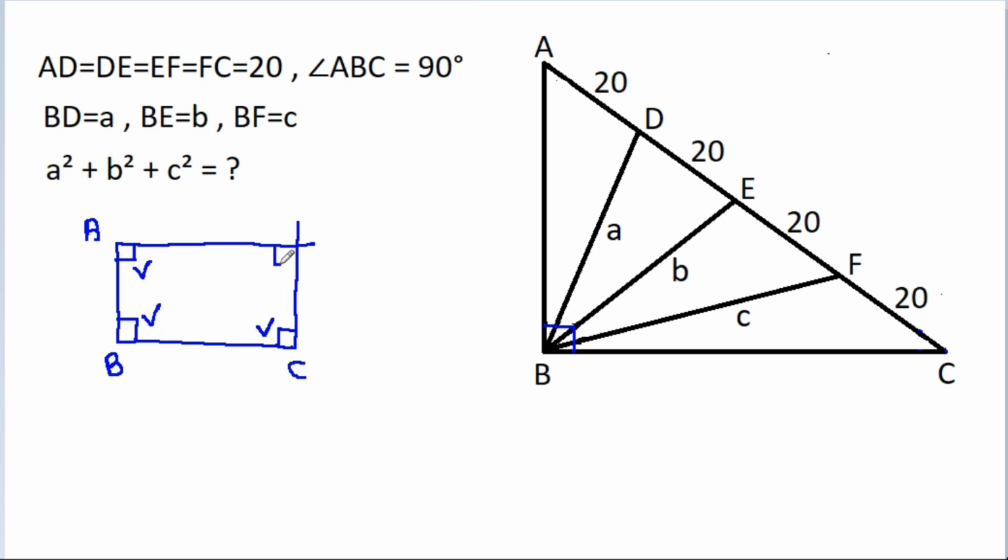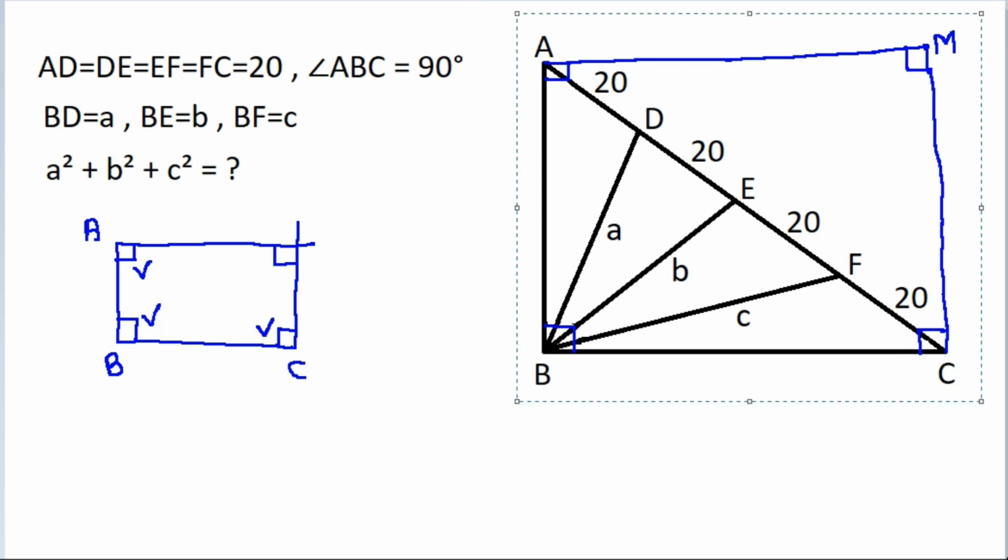So this angle will also be 90 degrees. Then this angle will be 90 degrees, and suppose this point is M.